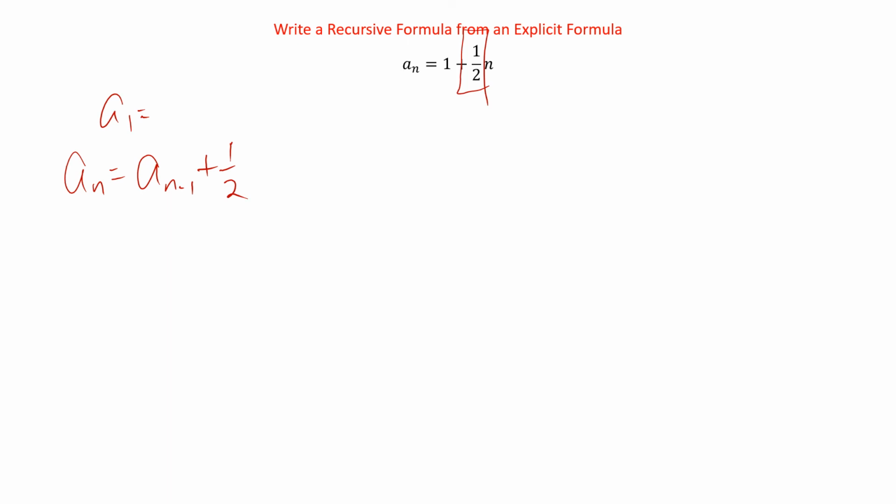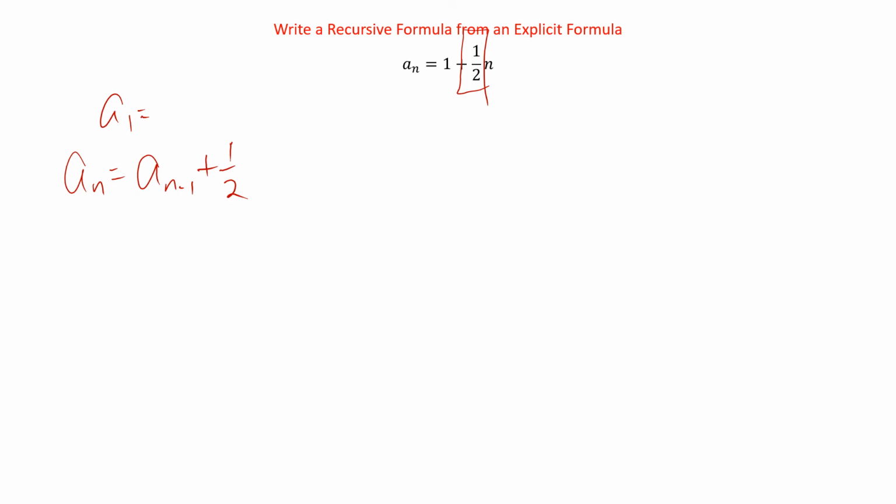Then we need a1. This is not in the same exact format as the other ones that we've looked at, because we don't have an n minus 1. We just have 1/2. So how do we figure out what a1 is? How do we figure out the first term?